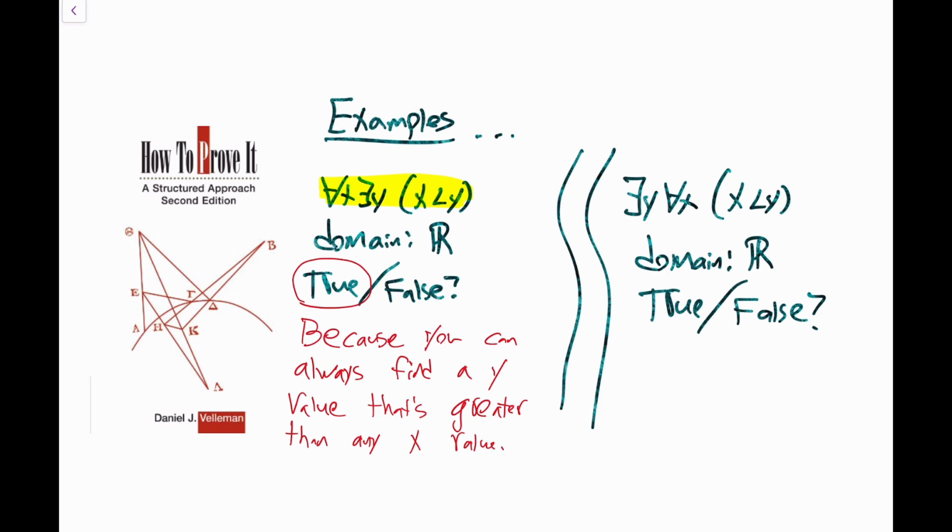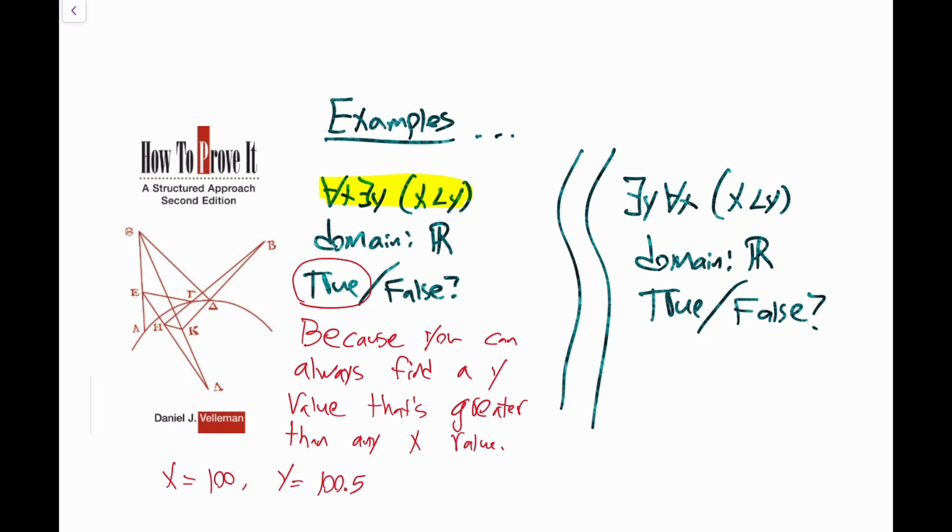So for example, let's say x is equal to 100. Well, then we'll just say that y is equal to 105/10. For every x value, you can find some y value that's greater, where both x and y are real numbers.